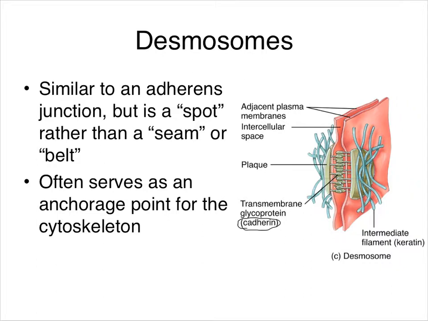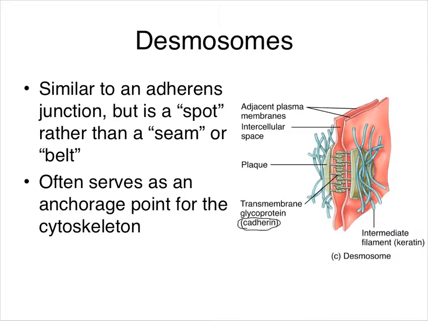These desmosomes, these places where two cells are snapped together, serve as attachment points for the cytoskeleton. If you recall back in the cell lecture, we said that there are three cytoskeletal components: microfilaments, intermediate filaments, and microtubules.